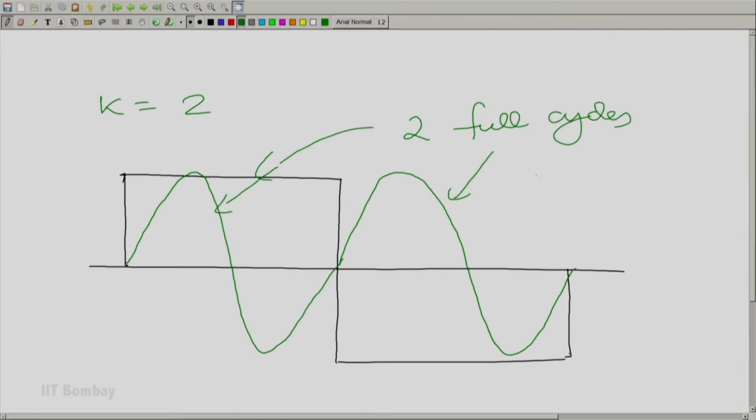And you can see that the inner product is going to be 0. Why is this true? Because you can see that in each individual half cycle, an entire cycle of the sinusoid has been integrated out. In fact, you can see this will happen for all even values of k. You are going to have a 0 integral because each half cycle is going to integrate out complete cycles.